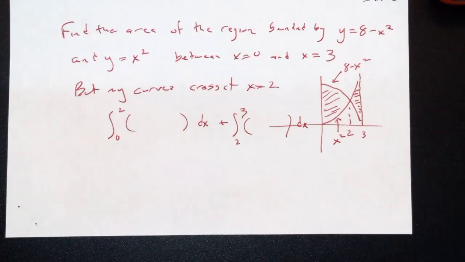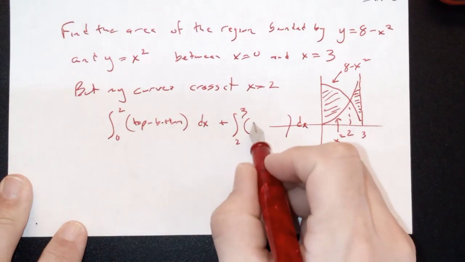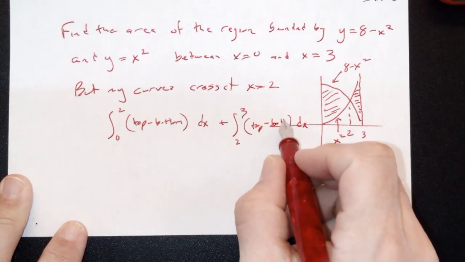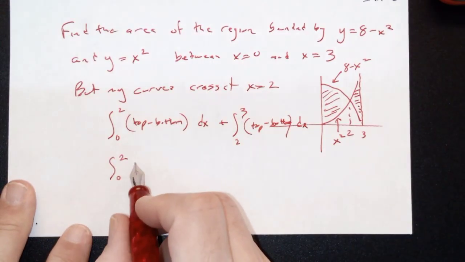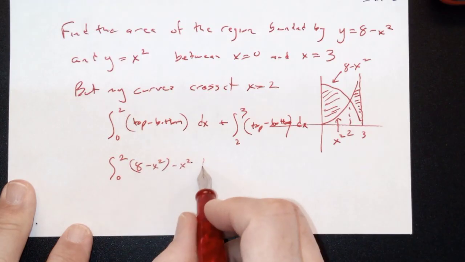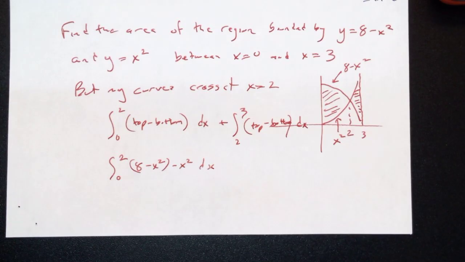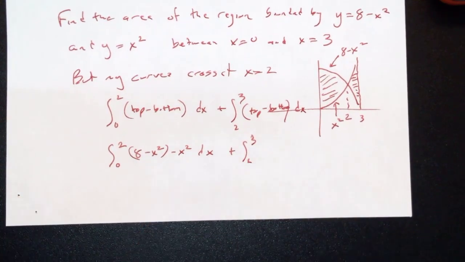So in the first integral, I have the integral from 0 to 2 of 8 minus x squared minus x squared dx. But in the second integral, say again?